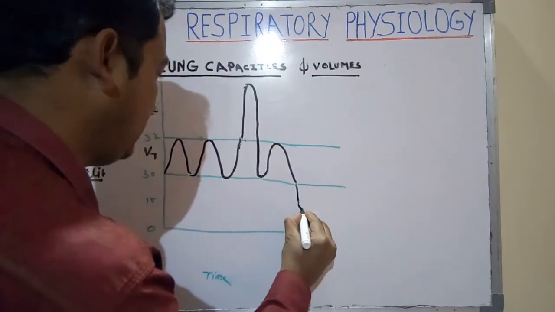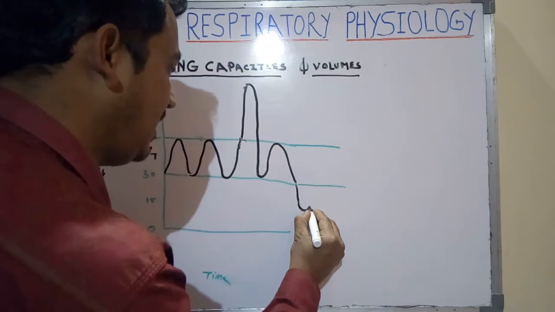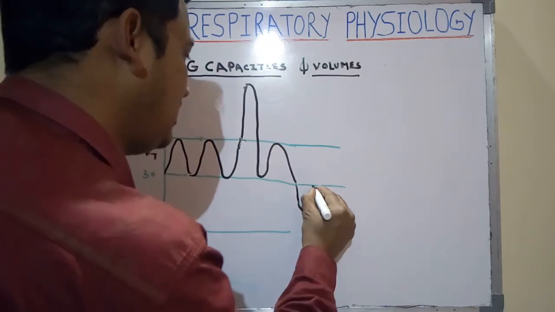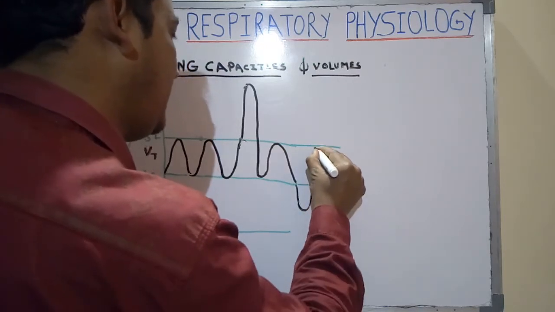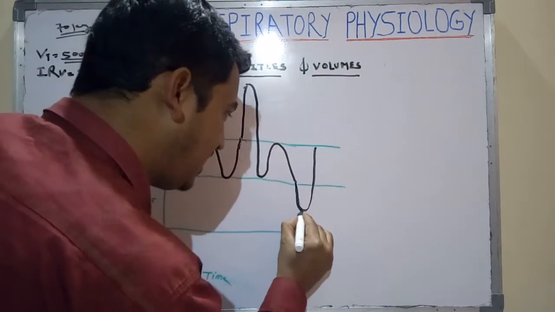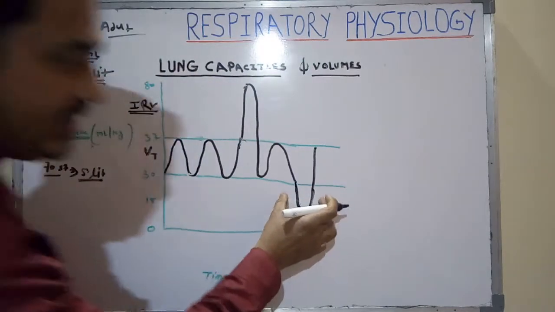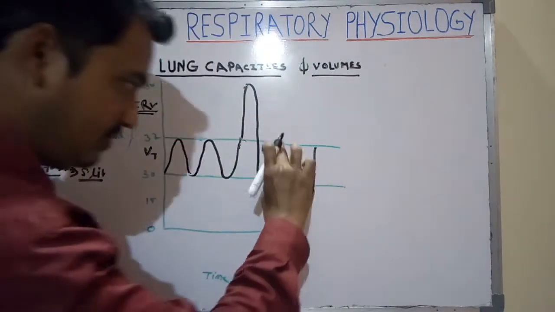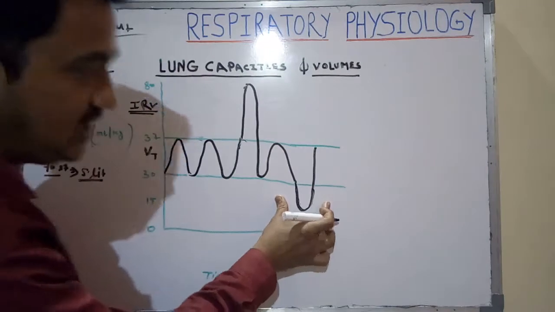And then I will again have to inspire the equal amount of air, isn't it? So this is an additional amount of air which is getting expired, besides the normal expiration.